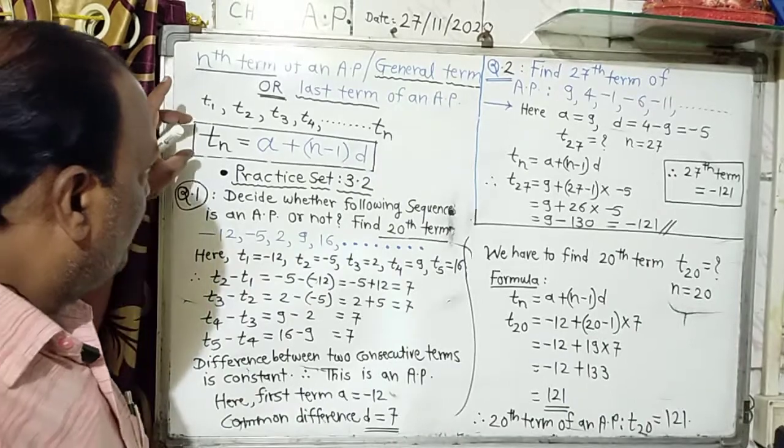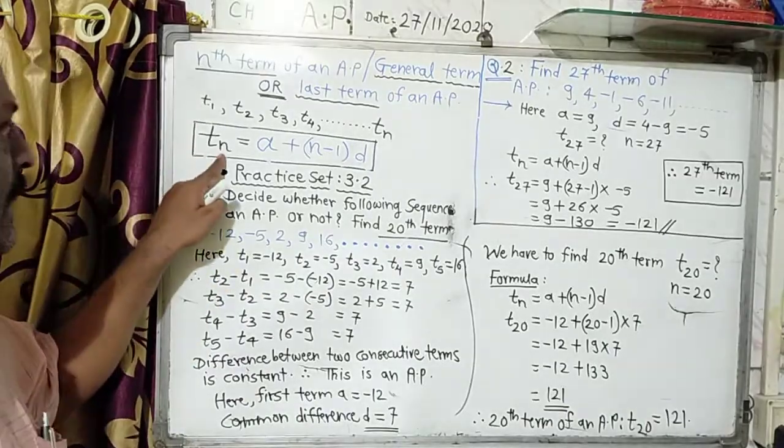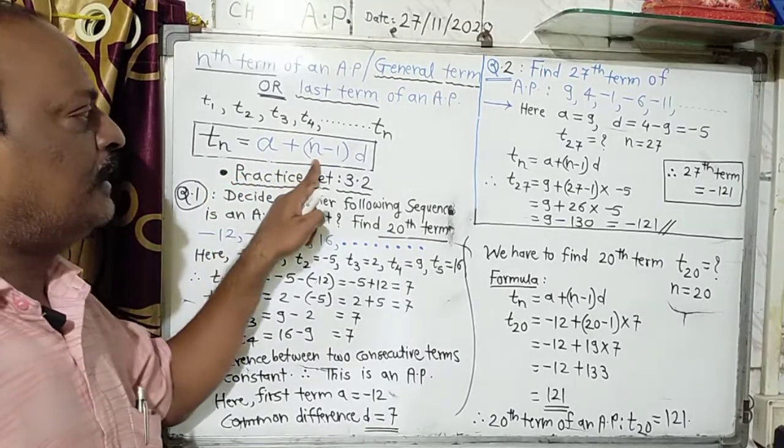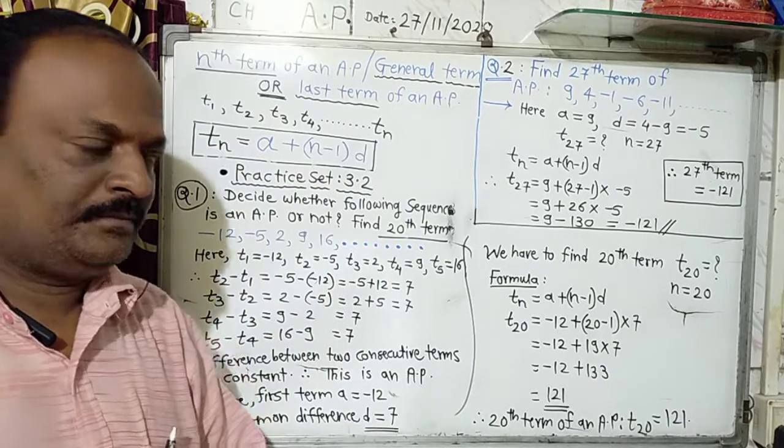Therefore, the formula for the nth term of an AP is Tn is equal to A plus n minus 1 into D.